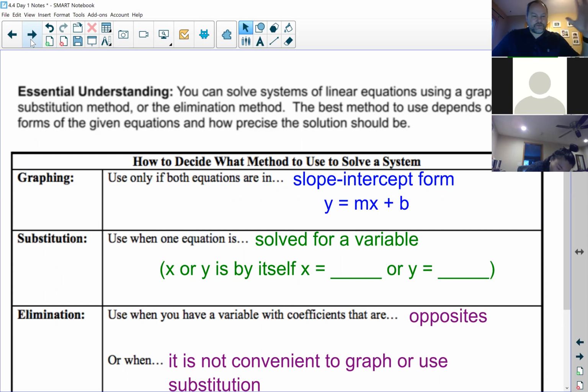My suggestion is to use graphing only if both equations are in slope-intercept form, y equals mx plus b. Also, if after you graph the solutions don't come up at exact points, you might want to try a different method.